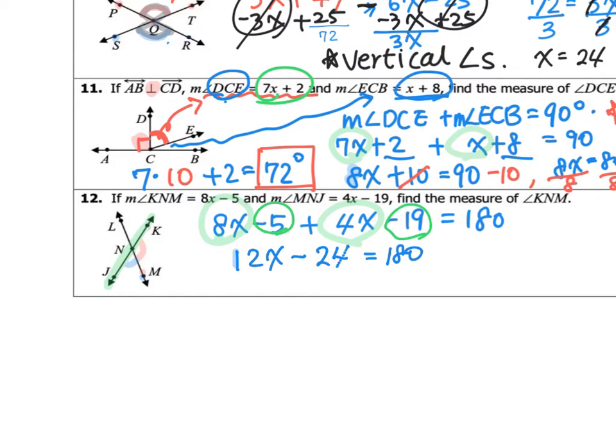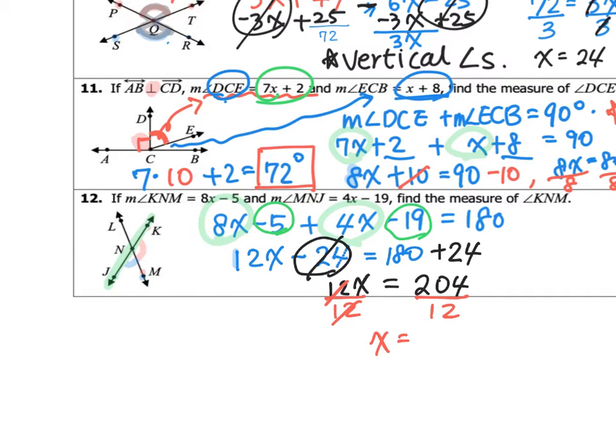So now what? We need to add 24 on both sides so we can cancel 24 on the left side. So that's 12x equals 204. Now we're going to divide both sides by 12 so we can cancel that. X equals, that is right, 17. Now we found x.